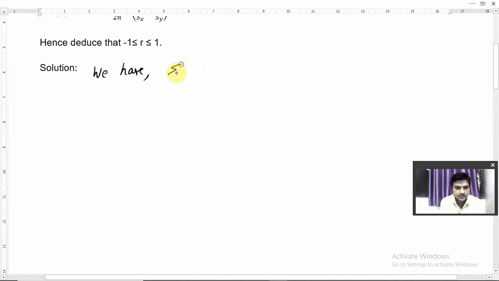So I'll take this as summation of (xi divided by sx minus yi divided by sy), the whole square.